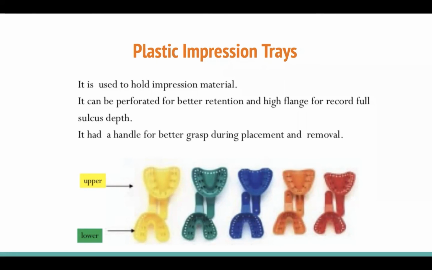If you don't have the time to make a border or periphery, then just purchase these plastic trays, because they help to take the impression with accuracy to the depth of the sulcus, without overextension, because these trays already have good borders, and it gives you the perfect impression you need for orthodontics.